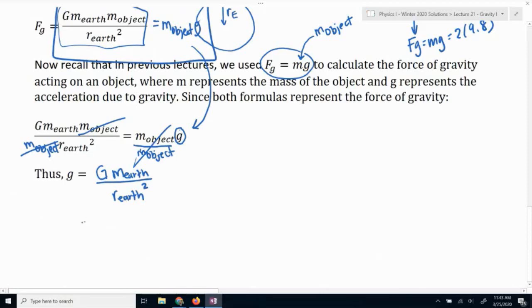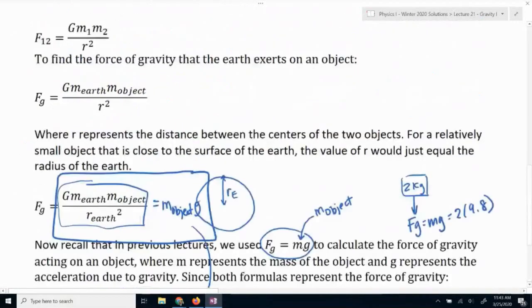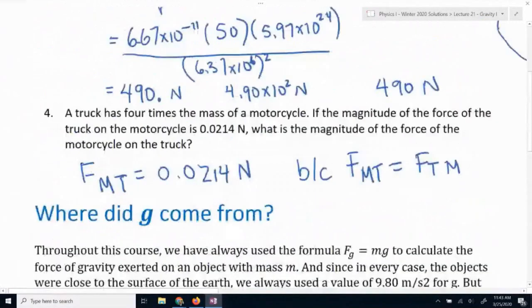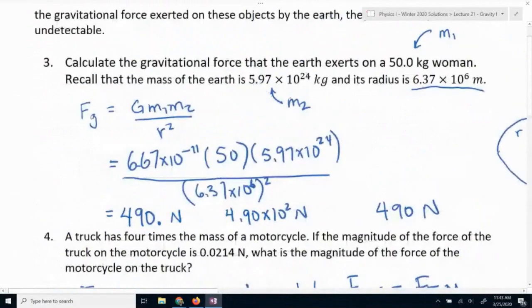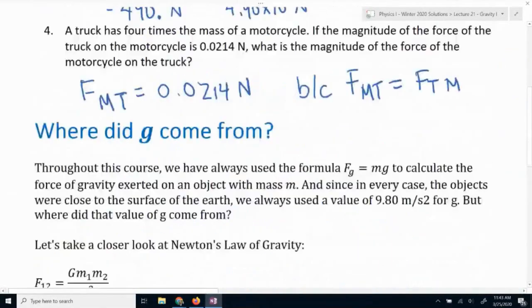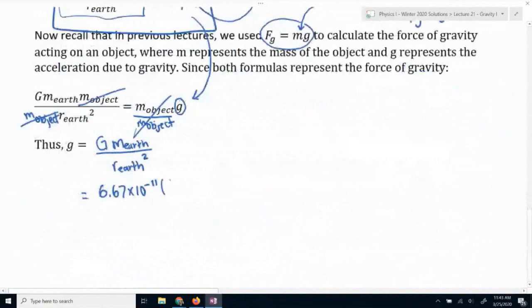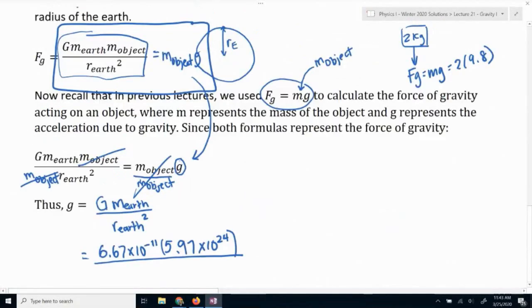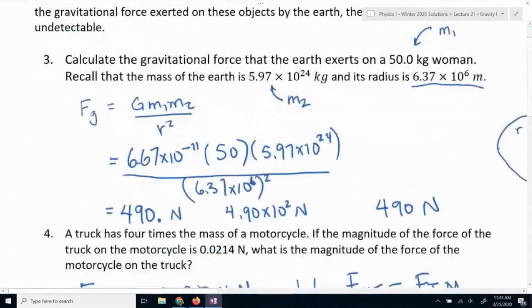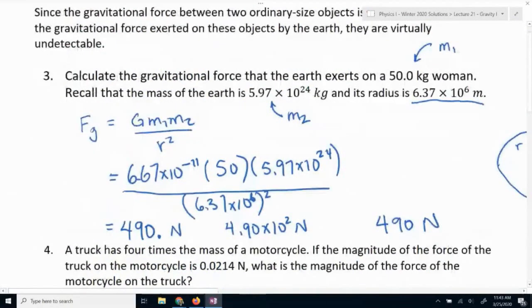So if we start to put in the actual numbers for the Earth, G is that constant 6.67 times 10 to the negative 11. Mass of the Earth, we have it up here, this value 5.97 times 10 to the 24. And the radius of the Earth is also up here given in the question, 6.37 times 10 to the 6.